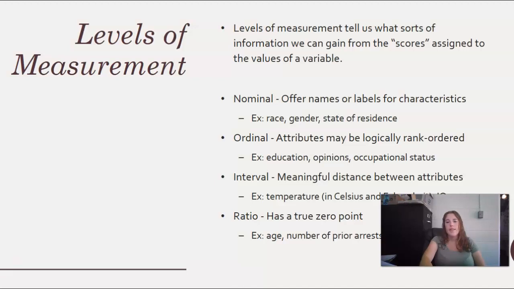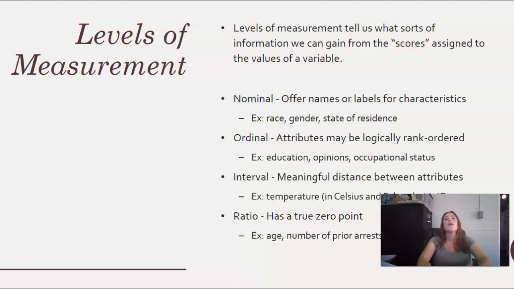Okay. And then we have ordinal levels of measurement. These satisfy the requirements of being mutually exclusive and exhaustive, but also they're able to tell us if the different attributes represent relatively more or less of a variable. So let's take education as an example.